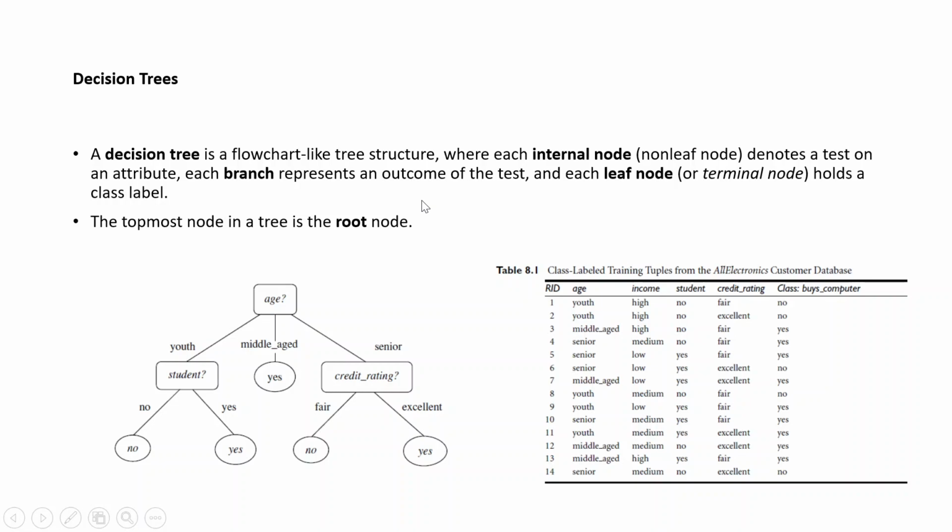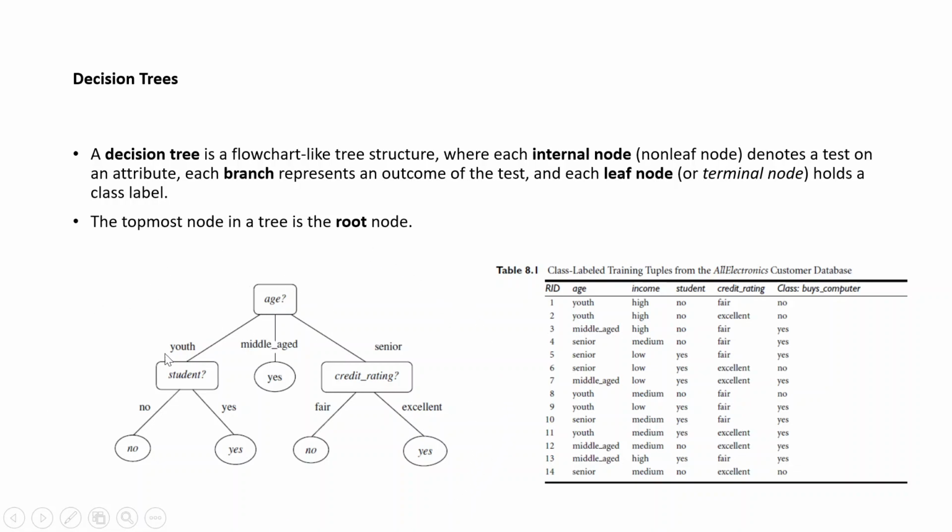Each branch represents an outcome of the test, and each leaf node is the class. If you look at this particular example, this is a tree.